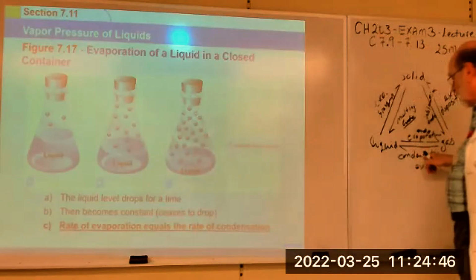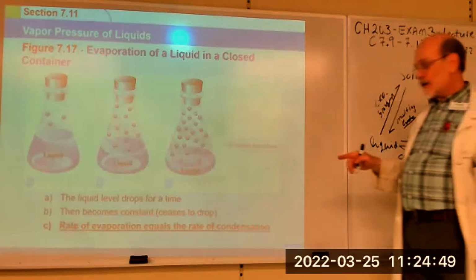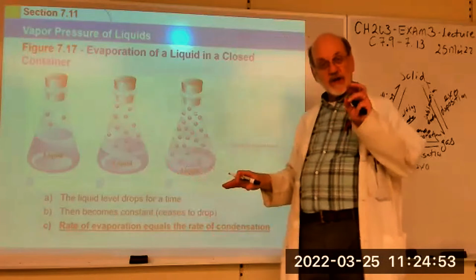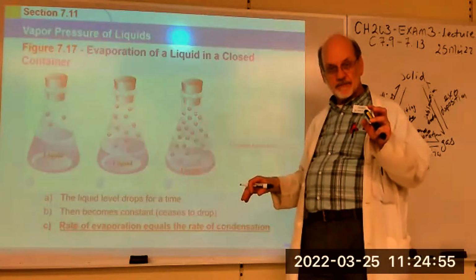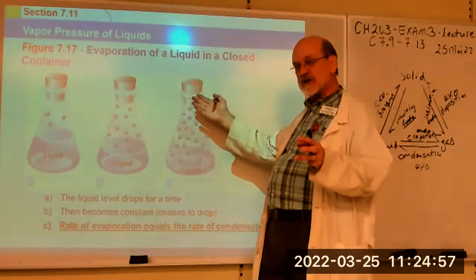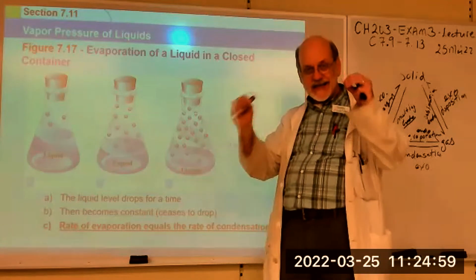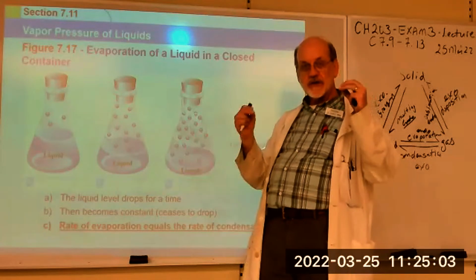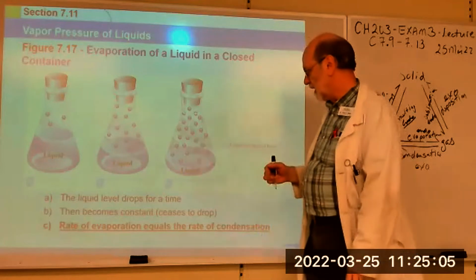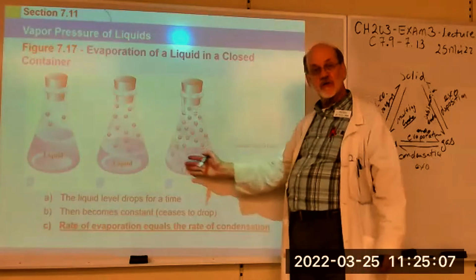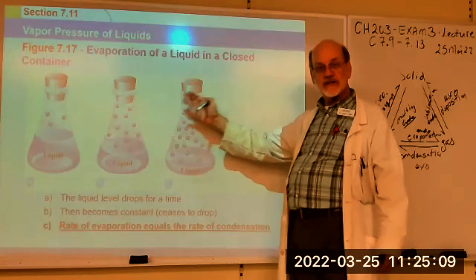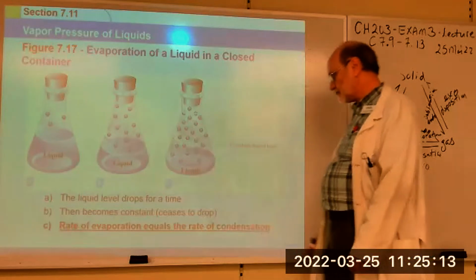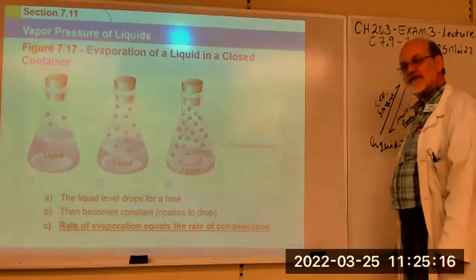Evaporation and condensation. So once you get enough of these in here, then you will eventually reach an equilibrium state in which evaporation and condensation are exactly equal. The rates of each are equal. You've reached an equilibrium. And this will have a characteristic pressure for a given temperature and for a given substance. That's called the vapor pressure.